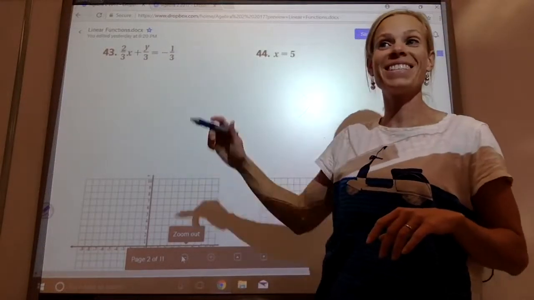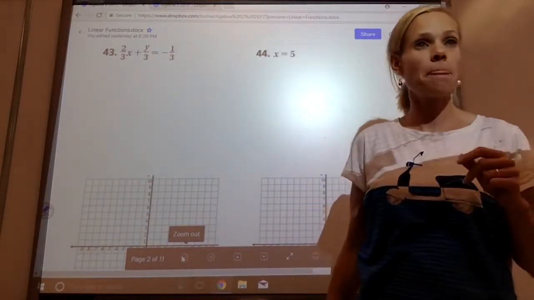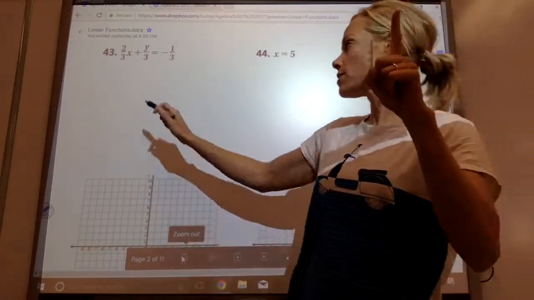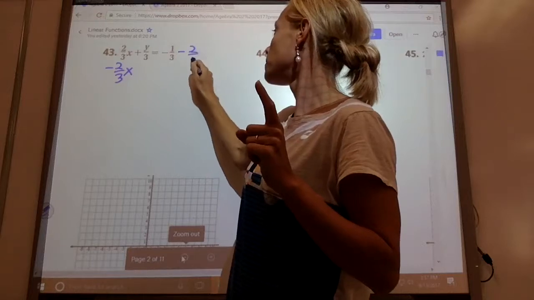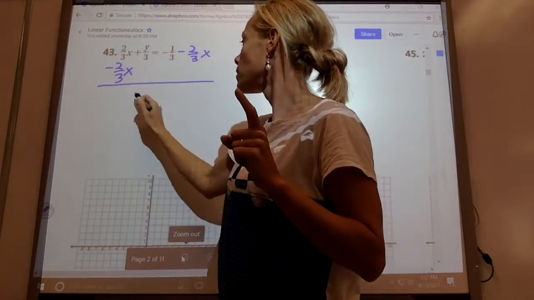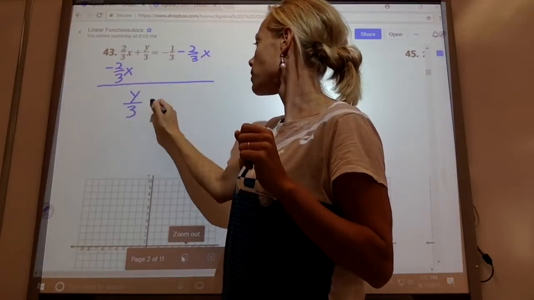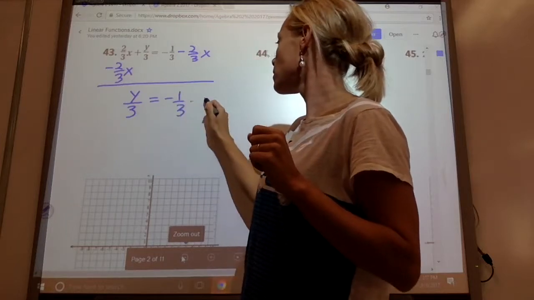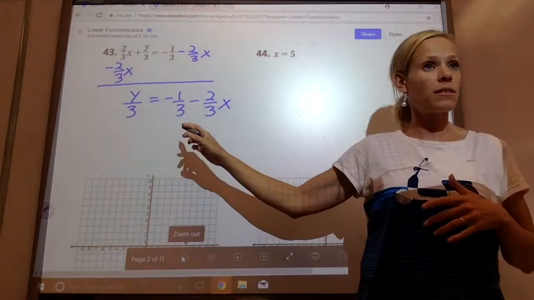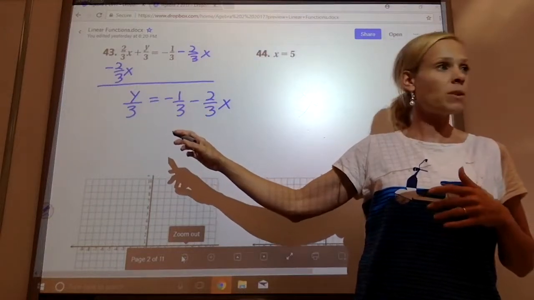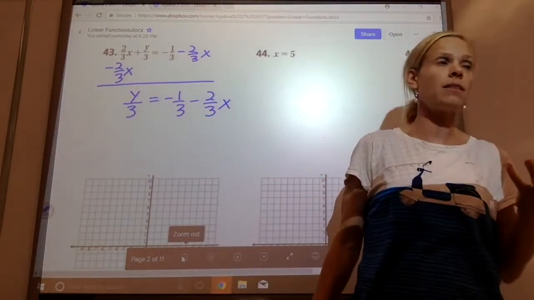I'm going to follow the same steps. What are they? Move the x term. So I'm going to subtract 2/3 x. So y divided by 3. Okay, now this is one of that 0.4% that happens where I'm not dividing by the number in front of y.